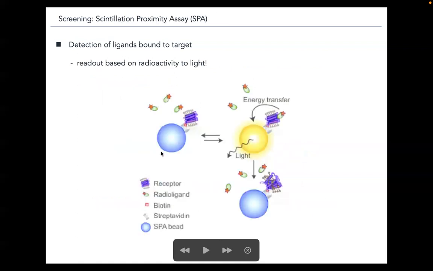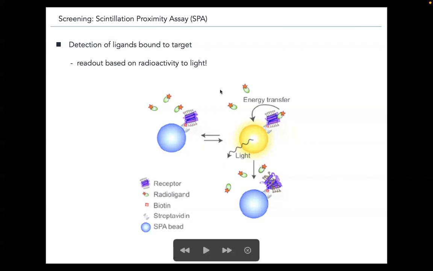Detection of ligands that are bound to the target can also use readouts based on radioactivity to light. So you start with these scintillation proximity beads, these SPA beads, and basically you attach, via biotin, and you don't really need to know this information, biotin's a small molecule that's going to bind to, let's say, a protein or the bead, and that molecule is attached to a certain type of receptor, so your target.